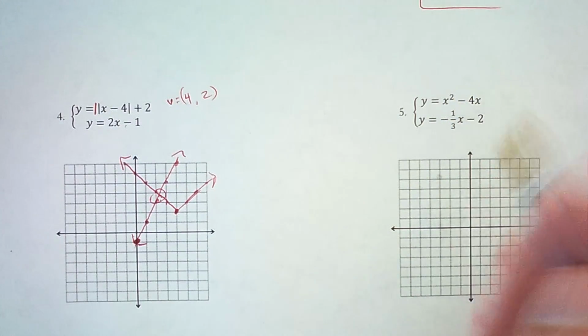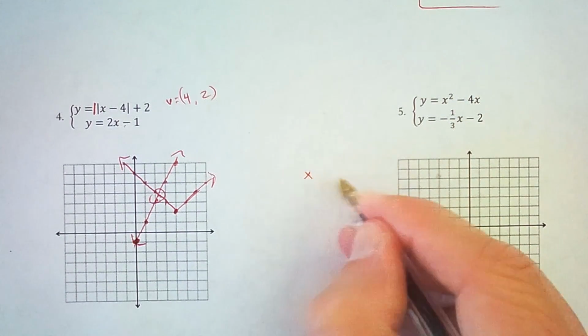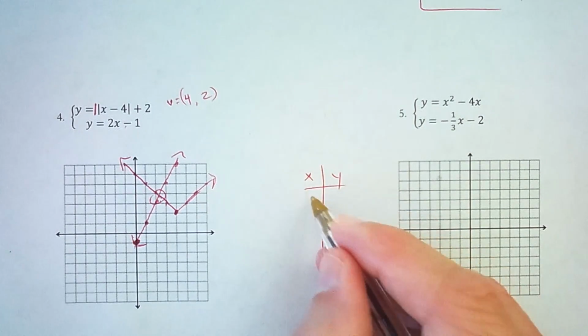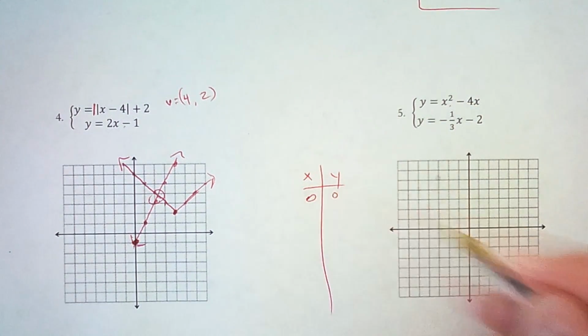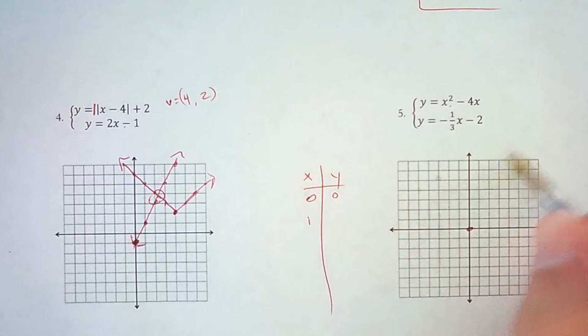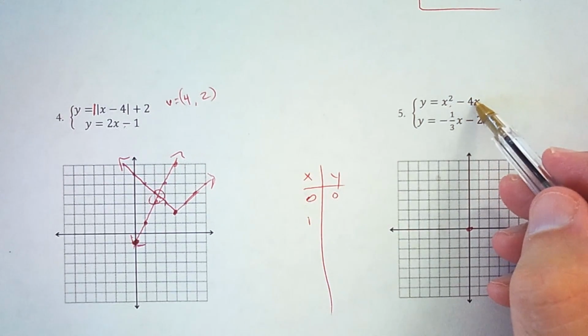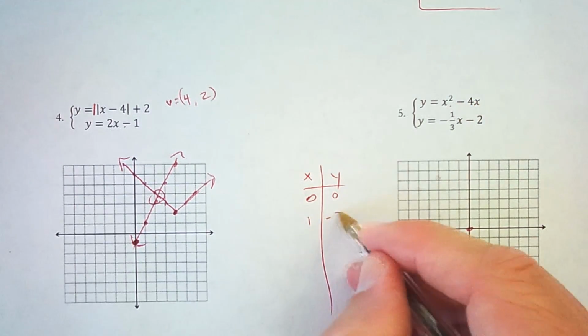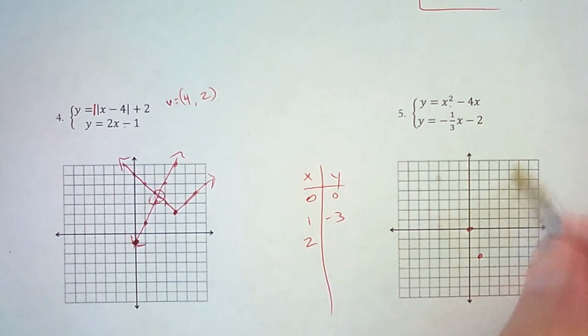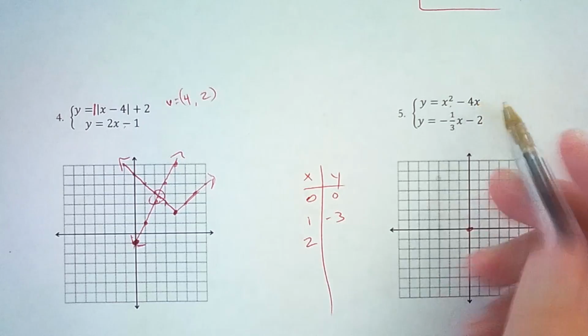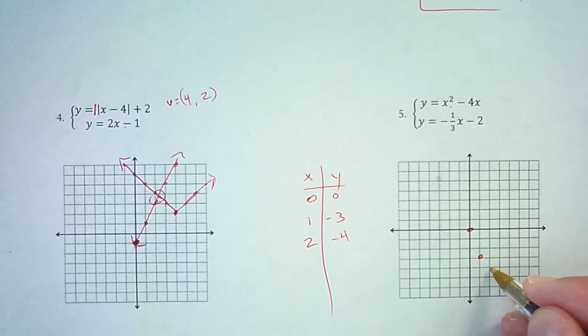So y equals x squared minus 4x, that's going to be a parabola. So we'll make a t-chart. If x is 0, I've got 0 minus 0 is 0. If x is 1, that's 1 minus 4, that's negative 3. If x is 2, that's 4 minus 8, which is negative 4.